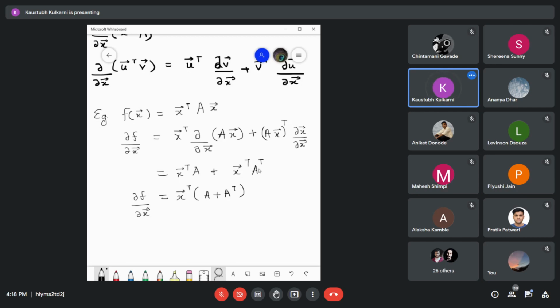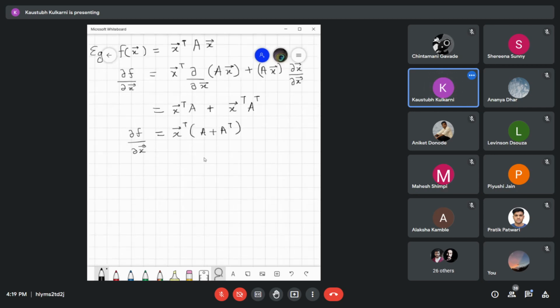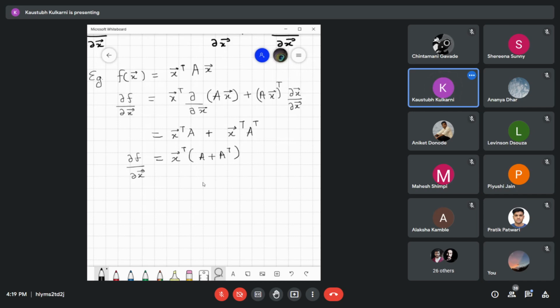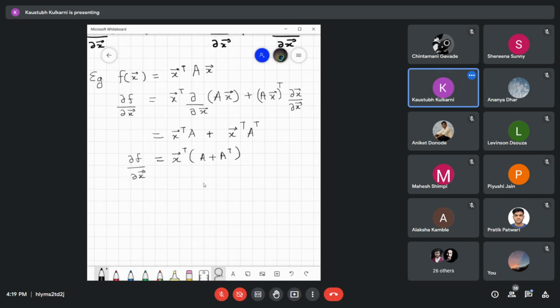And now if we substitute the values, let's take an example.